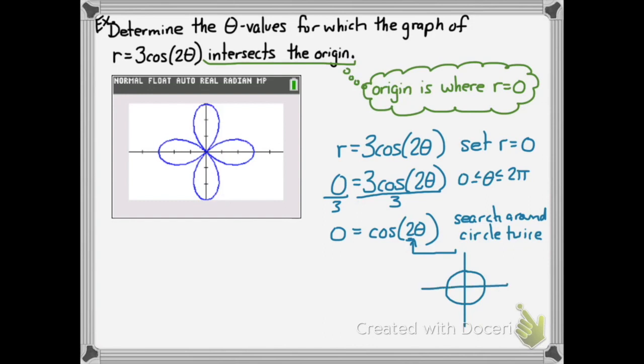So the x value on the unit circle is equal to 0 at the top of the circle and the bottom of the circle. So traveling around this circle, I hit that first point at an angle of pi over 2, and then I continue swinging around the circle, and I hit that bottom point.